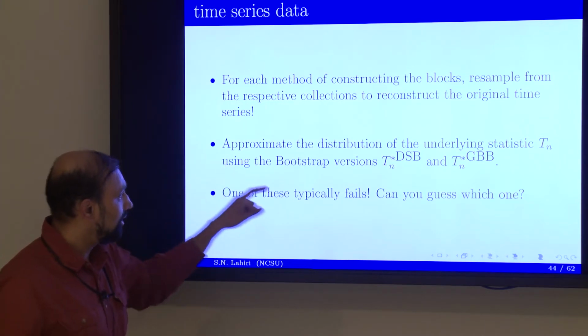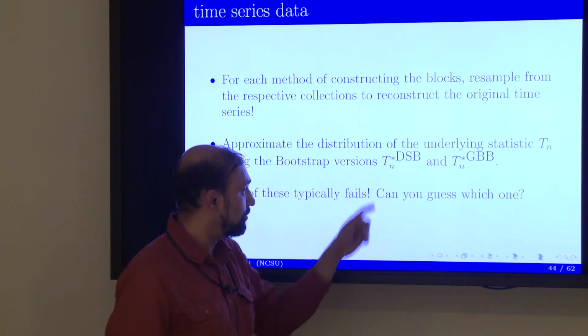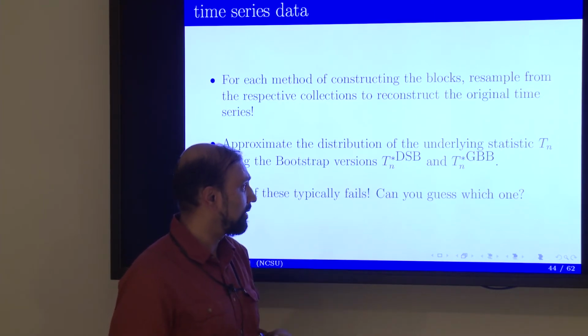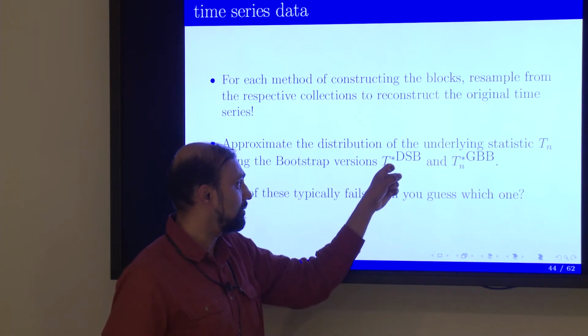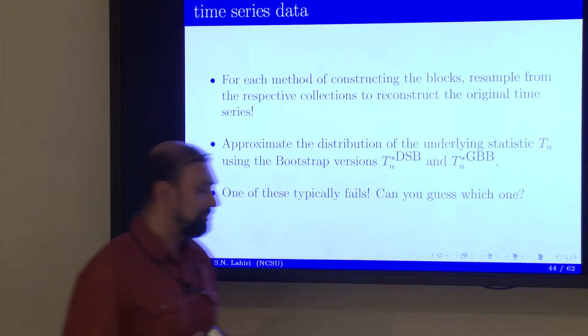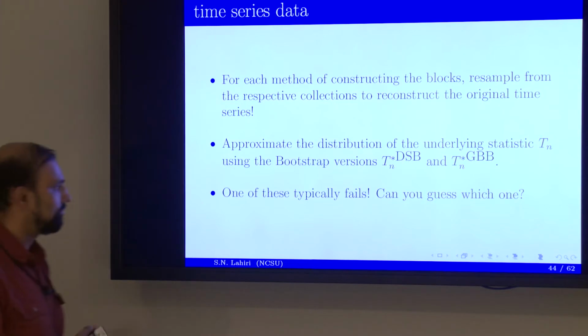And if you have Tn, then you are going to put these resampled values in the same functional definition of Tn. The Zi's would be replaced by the resampled values, and that gives me Tn star, the bootstrap value coming from this DSB or the GBB versions of the block bootstrap. Okay, those are again reconstructing the bootstrap versions.